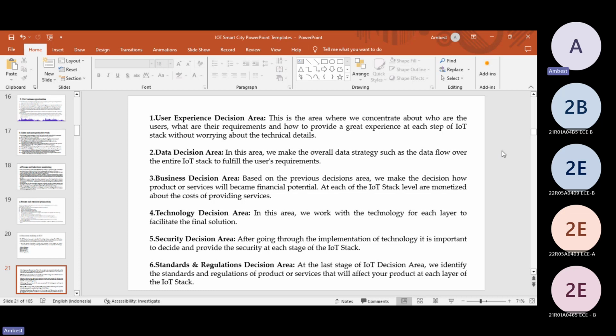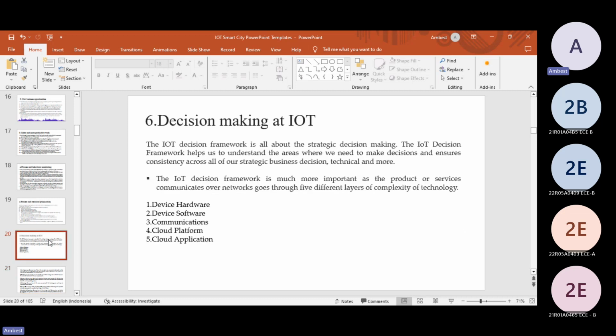Okay. Coming to decision making in IoT. It is designed like a framework which helps to understand the areas where decisions need to be made and to ensure consistency across our strategic business decisions, technology, and more.